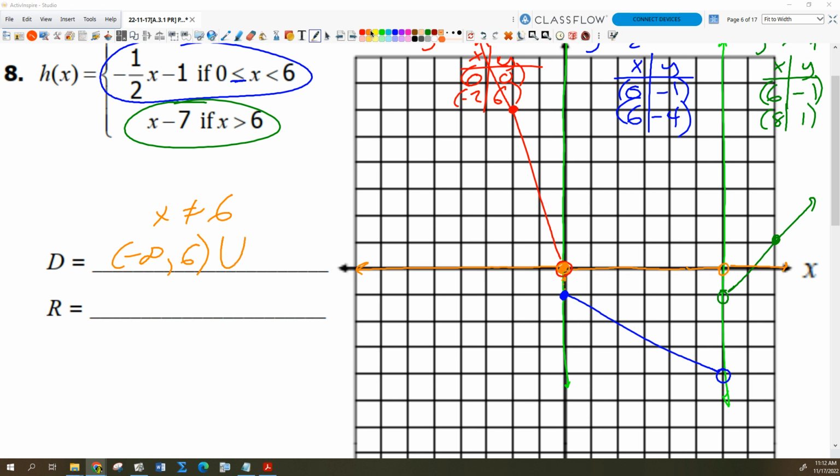So remember, the union symbol is how I'd say or with interval notation. And then what's the other part? Where does it pick up again? Okay, yeah, it's going to be a parenthesis and a 6, right? All the values greater than 6. So 6 to infinity. So the only thing we missed there was that one single point, 6, right?